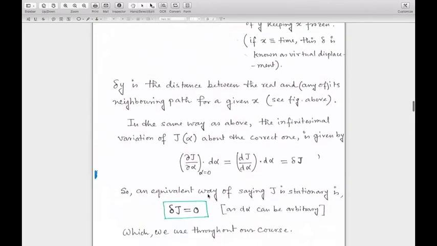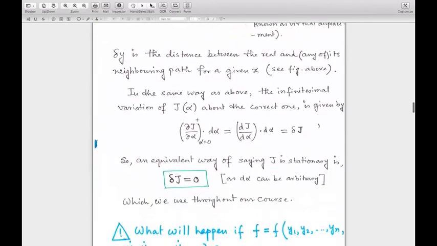Using the same concept, we can also say the infinitesimal variation of J alpha about the correct path is given by del J del alpha times d alpha.